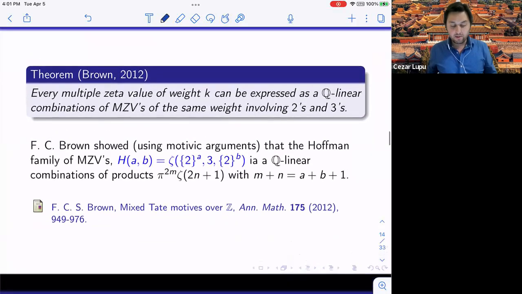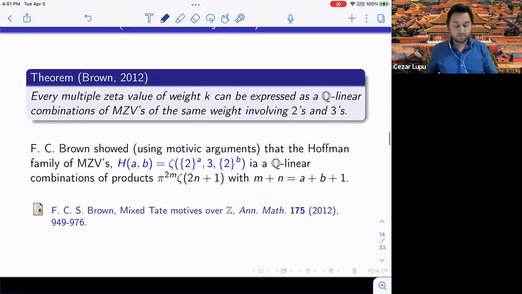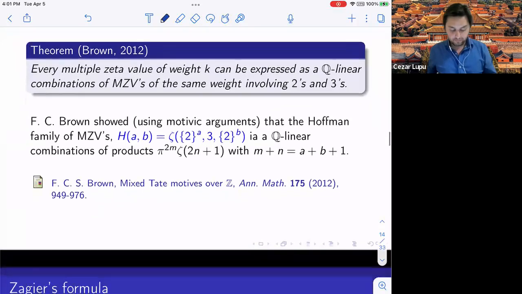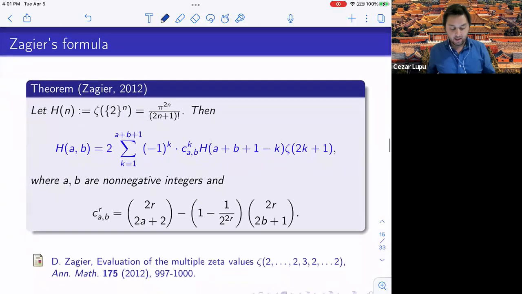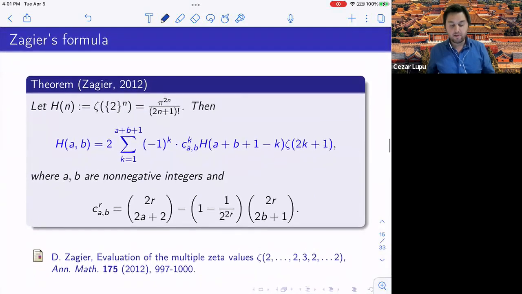Well, if he needed a proof for this, Zagier found a formula and its proof. The formula looks ugly at first, but actually it's a very beautiful formula, and I've been obsessed with it for a while.